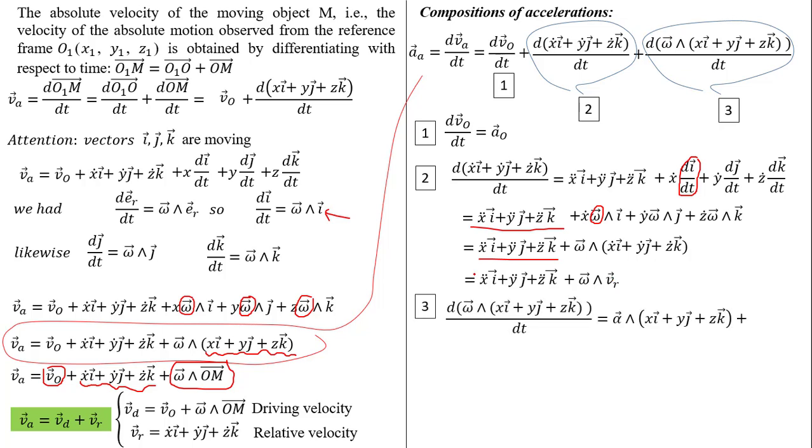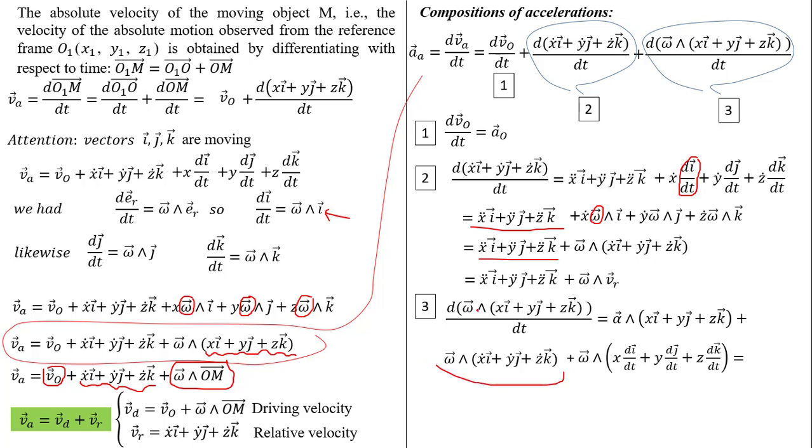And the third term is equal to d over dt of omega cross xi plus yj plus zk. So first we will make d omega over dt cross xi plus yj plus zk plus, now we will keep omega cross and take the derivative of xi plus yj plus zk. So we'll have now plus two other big terms.